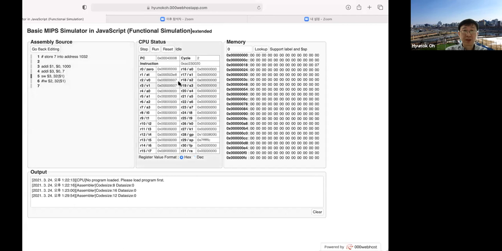So this is 7, and the address is 1000 plus 32. Let's look at that location. Everything is 0. And step. Then here, 000007 is stored.